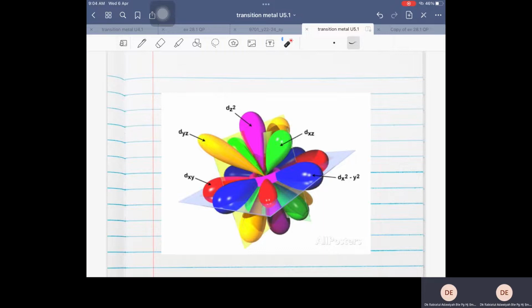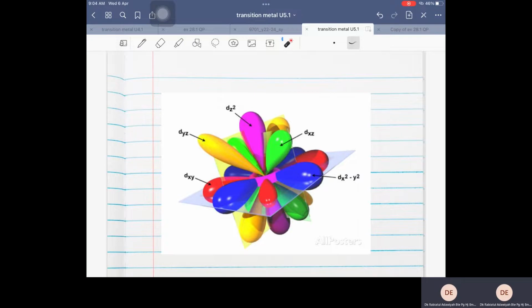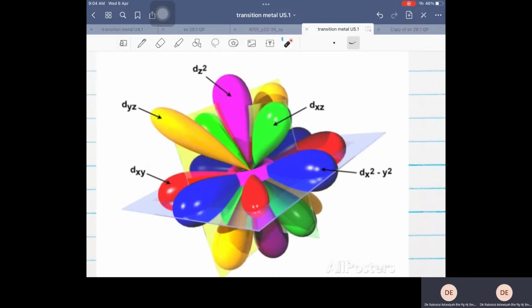If we're looking at copper, there is your 1s orbital, 2s, 2p, somewhere like that, 3s, 3p, which is a little bit bigger, and then 3d, which is what we see here. It's not easy to see, right? It's not easy to visualize.